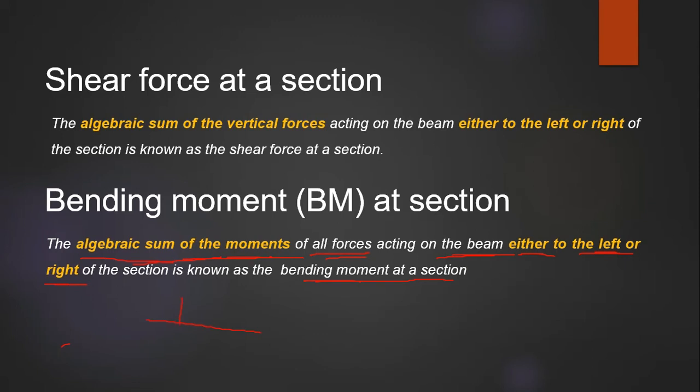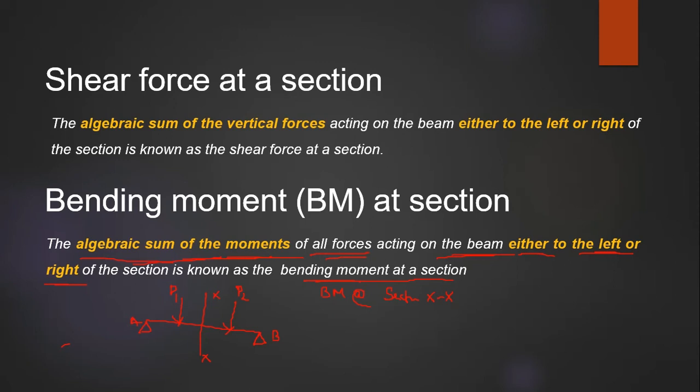So this is a beam and this is the force P1 and this is the force P2. And here are the supports A and B. This is a simply supported beam and here is the section XX. Now the bending moment at section XX is nothing but the algebraic sum of moments of forces.